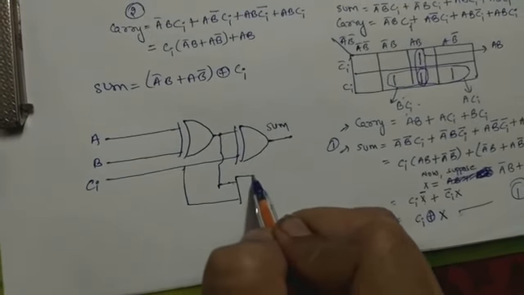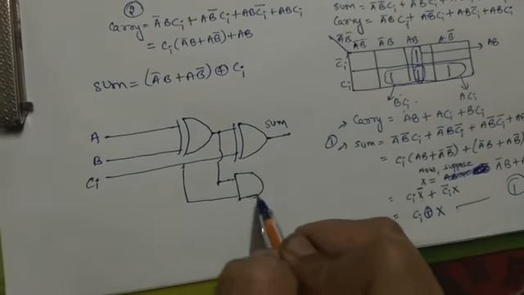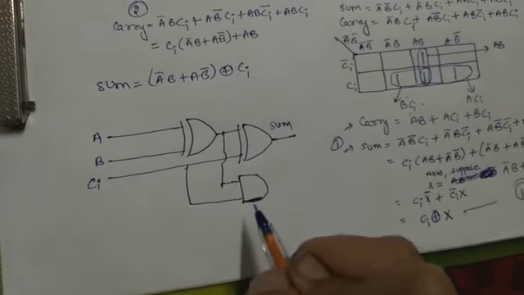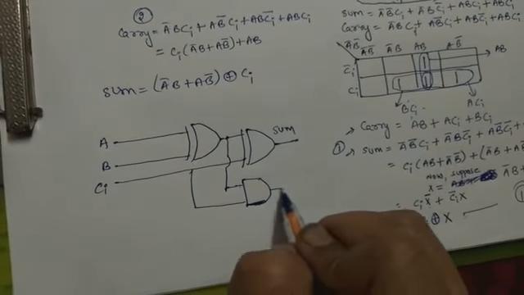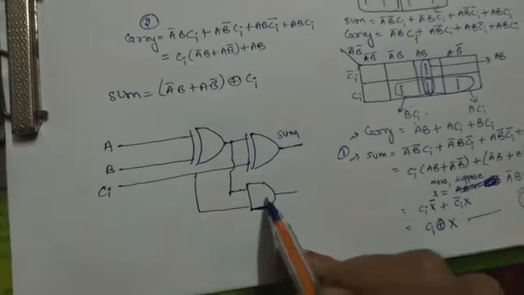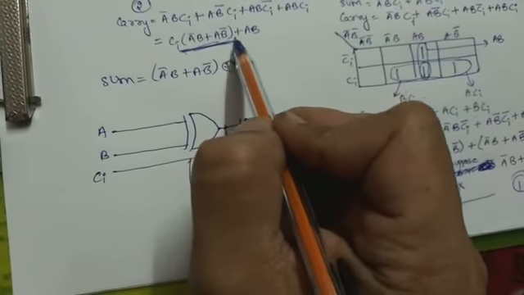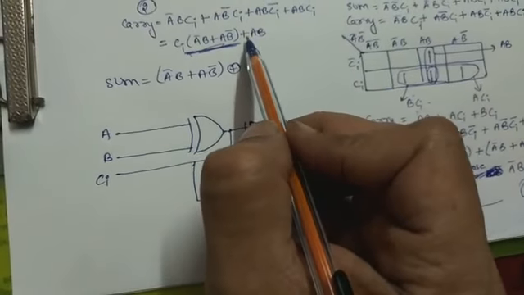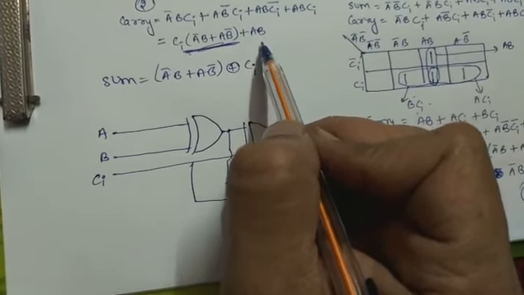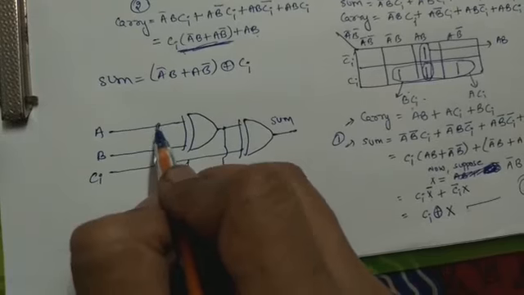So I am multiplying this with the carry input. So till here we have solved this part. Then we have to add this with the AB. So first we have to take the AB.